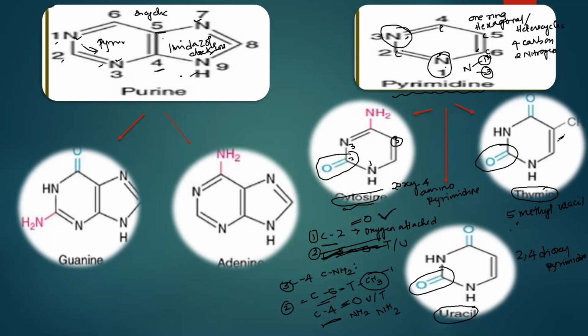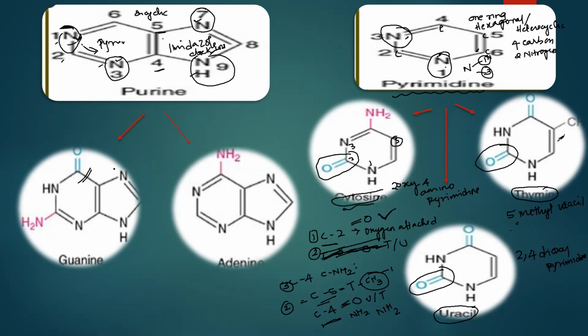You have 1 nitrogen at the 1st position, the 2nd nitrogen at the 3rd position, then you have the 7th and 9th positions. The 2 purines are guanine and adenine.